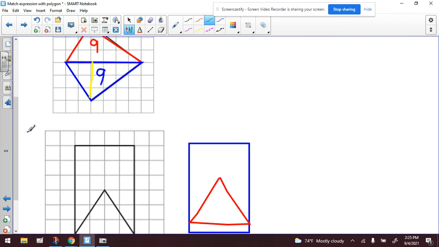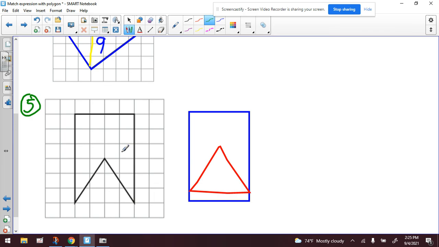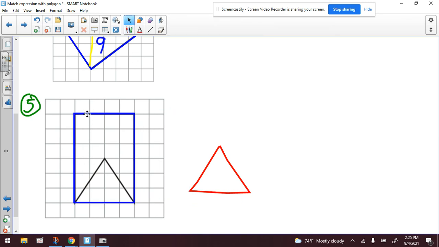Let's take a look at question number 5 in the lineup, this image. And I want to talk to you about some strategies that you could use to find the area of this. Now, one strategy is to find the area of this blue rectangle, figure out what that is, and then subtract out from it the area of this, which is not part of it, right?